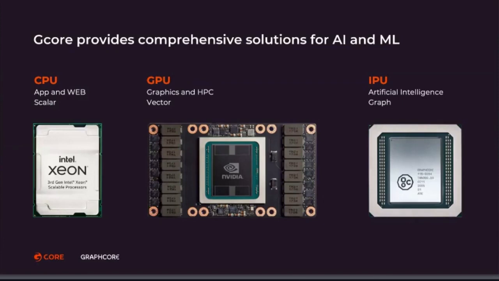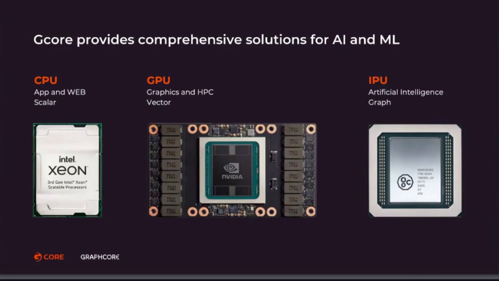Graphcore is the UK-based company who build these processors, but this is a hardware company. And together, last year, Gcore and Graphcore built the new cloud solution where we provide the option to bring the Graphcore hardware in the cloud in a few clicks.